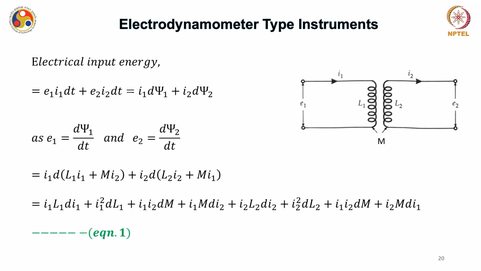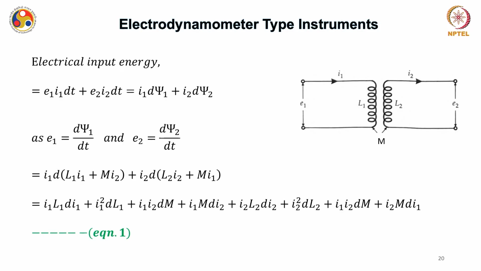Now the electrical input energy in this case will be equal to E1 I1 dt plus E2 I2 dt, right? Potential into current into time. Now we can write it one by one.